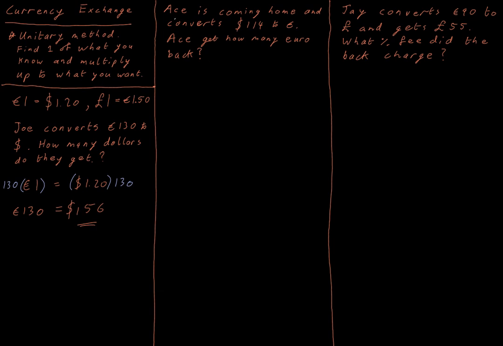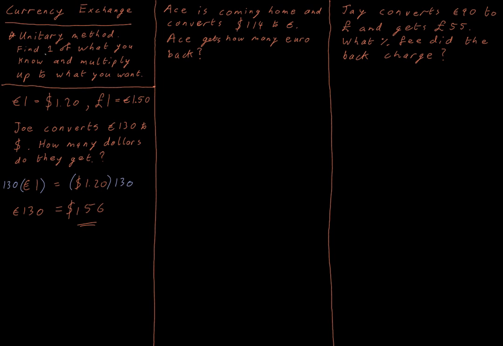Now let's have a look at what Ace is doing. So Ace is coming home and converts $114 to euro. How many euros does Ace get back? So we go to our exchange rate and I say, well, I want to go from dollars to euro. So I need to know what $1 buys me in euro.